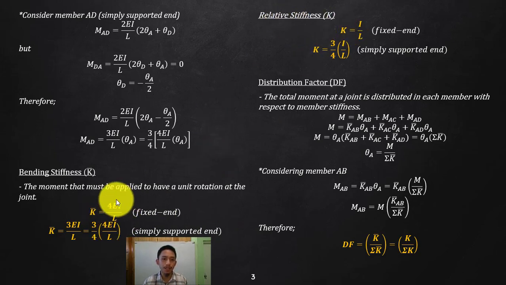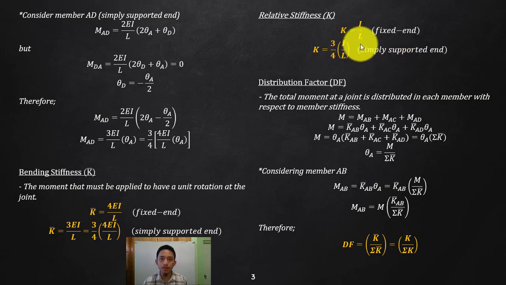If they have the same E, or that is the same type of material, then you can forget about the 4E. So you are just left with your relative stiffness, which is your K bar. K as your 1 I over L. For fixed end, that is I over L. For simply supported, that is still 3/4 or 75% of I over L.